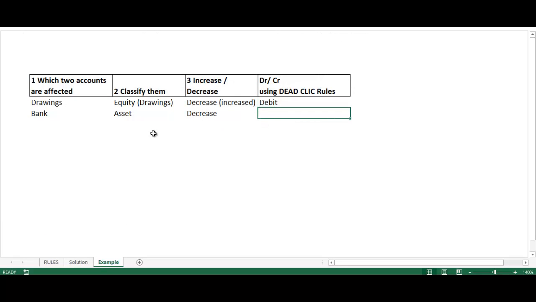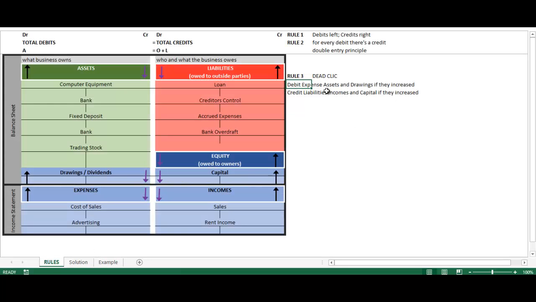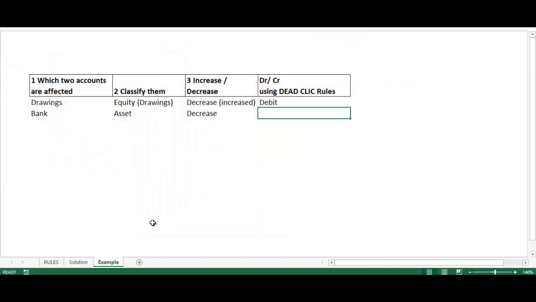The bank account also decreased. Bank is an asset that decreases. Well, an asset that increases is going to be a debit. Debit: expenses, assets, and drawings. So if it increased, it would have been a debit. But now it's not an increase, so it's going to be the opposite. It's going to be a credit. We're going to put a credit. Right, so there's your two legs, debit and credit.